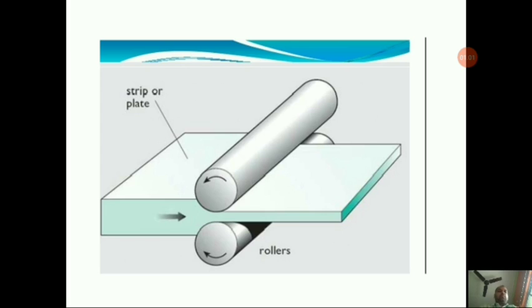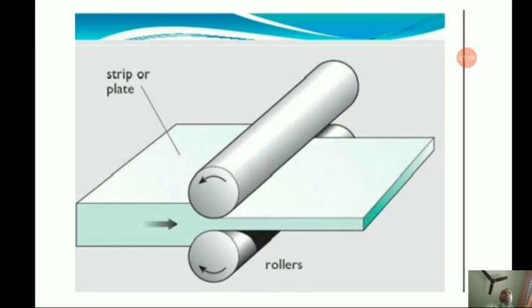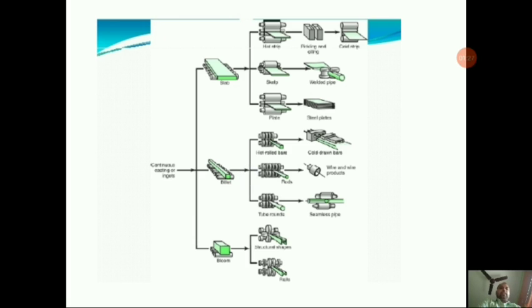It is one of the most widely used of all the metalworking process because of its high productivity and very low cost. Rolling would be able to produce components having constant cross section throughout its length. Many shapes such as I section, you can say T section, L section.